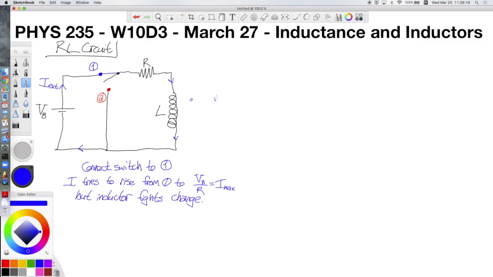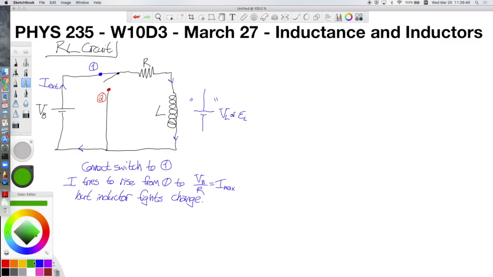So this means our inductor is going to act like a battery pointed against the direction of current flow with a voltage of V sub L or epsilon of L. I'm going to kind of use the two interchangeably. The inductor will eventually not win this fight, but it will fight it for a while and prevent the current from rising instantaneously.